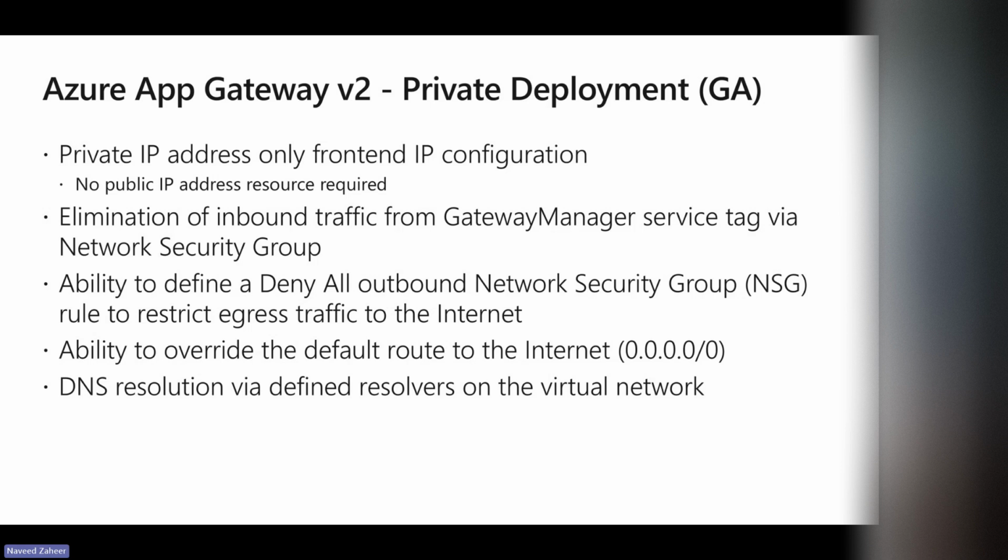What private deployment has done now is that you have a private IP of the gateway, number one. Number two, there is no need to have any inbound and outbound traffic. So you can lock inbound and outbound either through NSG or by putting your app gateway deployment in a private subnet. You understand what a private subnet is?